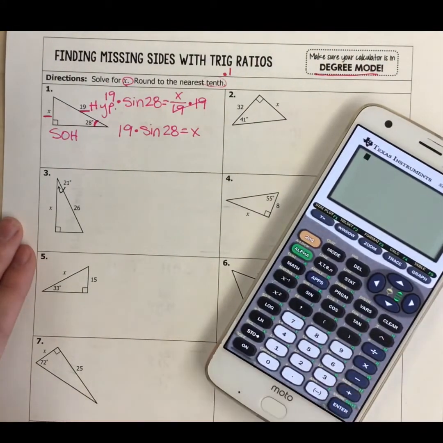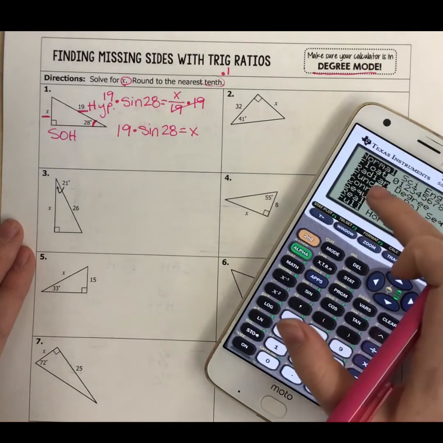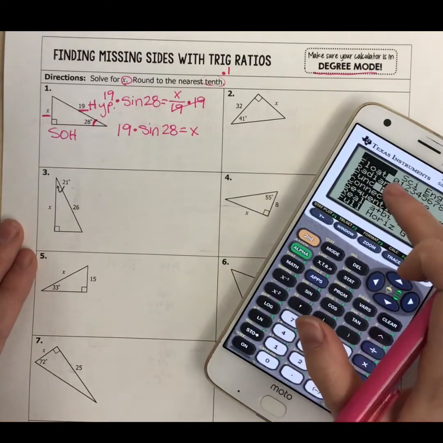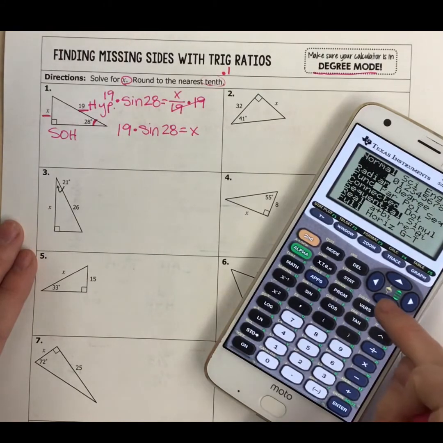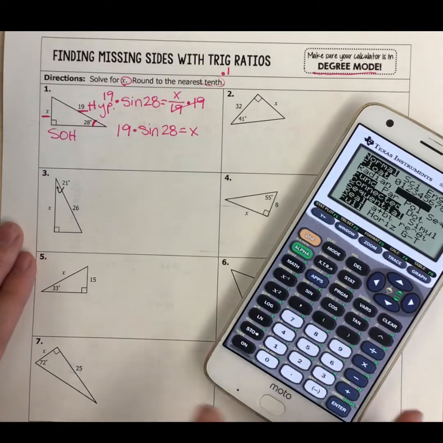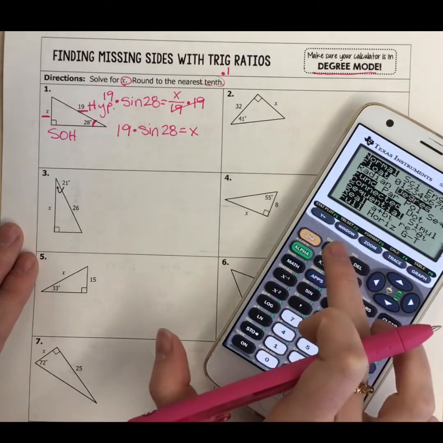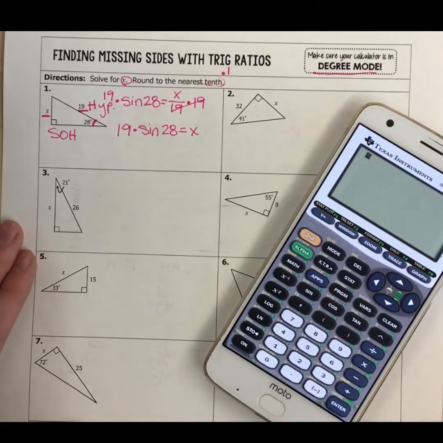So the way that we do that is we go to the mode option here, and you can see my calculator says that it's in radians and not degrees. So I need to go down and make sure that I hit for it to be in degree mode. We'll talk more about the difference between radians and degrees in another lesson, but for today, this is all we need. So now we can get out of here by doing our second function and quit. So now our calculator is in degree mode.